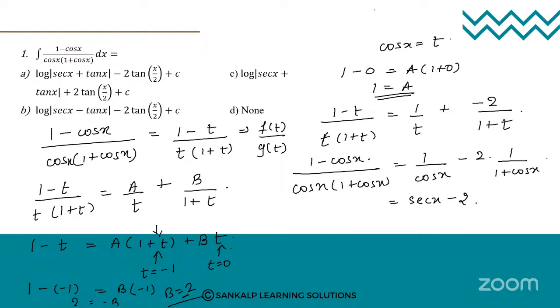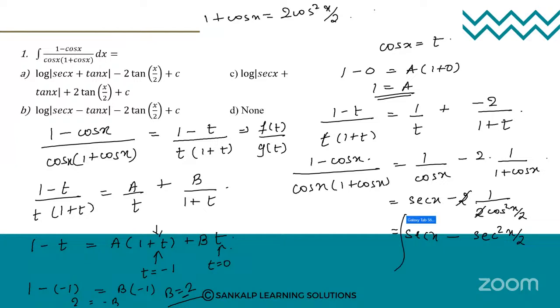But I have told you an identity always: whenever you get 1 plus cos x, 1 plus cos x can be written as 2 cos square (x by 2). So this becomes 2 cos square (x by 2). Here 2 cancels. So this is secant x minus 1 by cos square, which can be written as secant square.